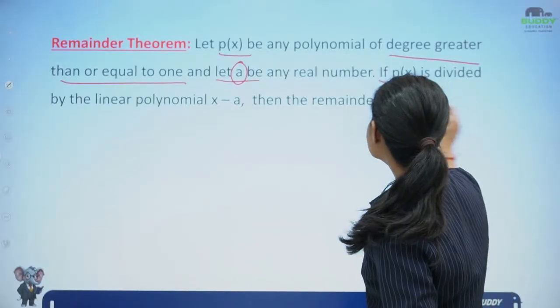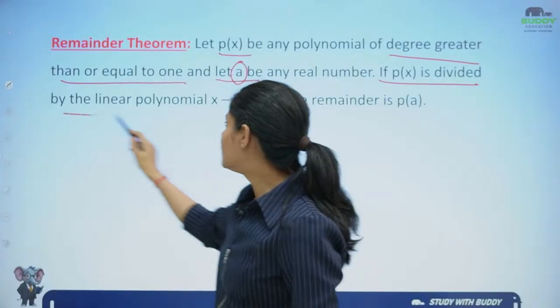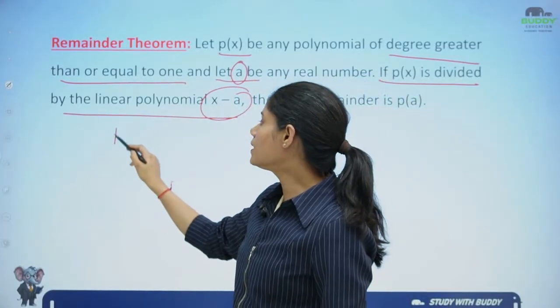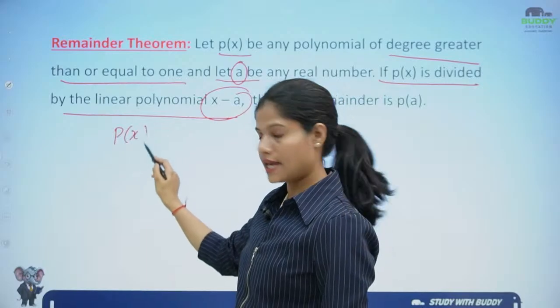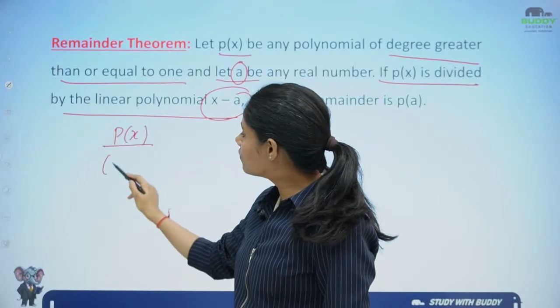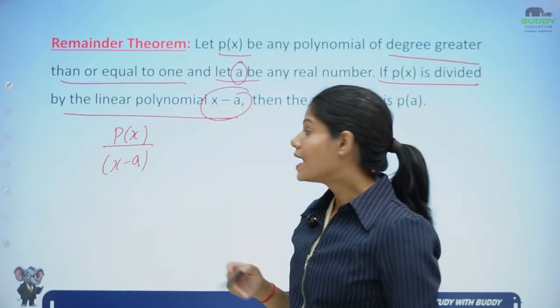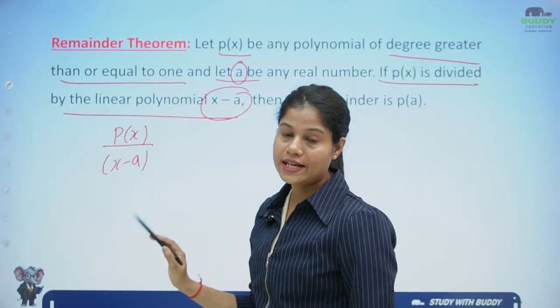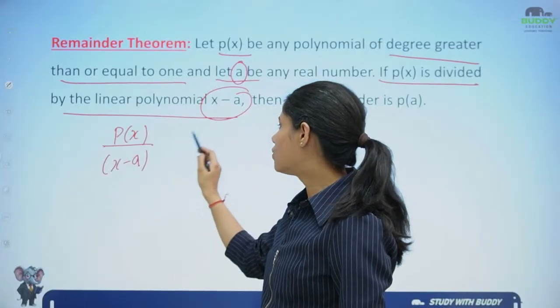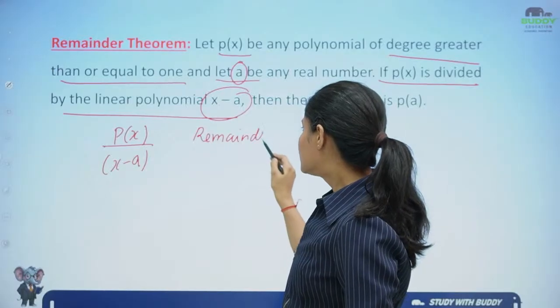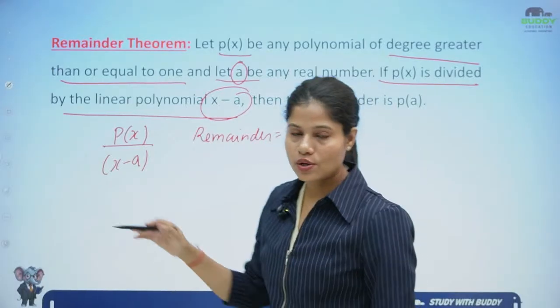Then p(x) is divided by the linear polynomial x minus a. They are saying that if you take any polynomial p(x), and you want to divide it by any linear polynomial x minus a, and you want to find the remainder of this, right?